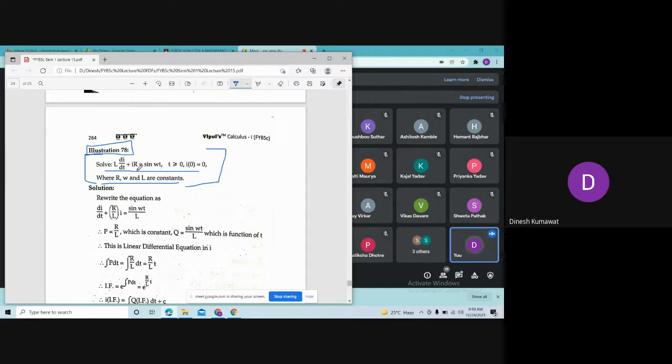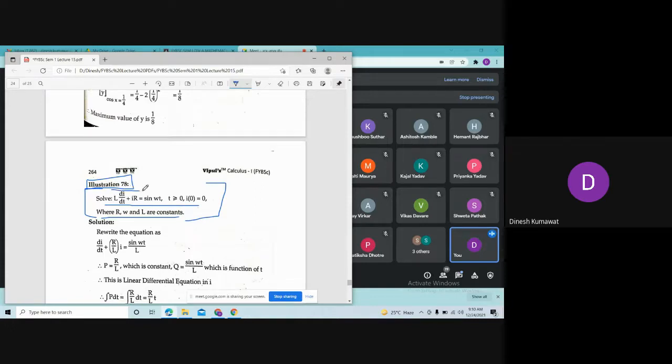So you can see, observe. This is a linear differential equation, and tell me, is it linear in which variable?